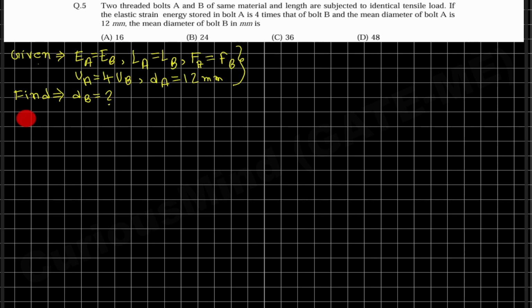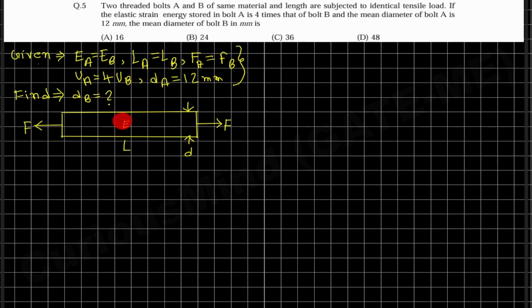Before we move on, let's assume that each threaded bolt is equivalent to an axially loaded bar or member of length L, diameter D, and elastic modulus E, subjected to force F. And draw the diagram of the bar.